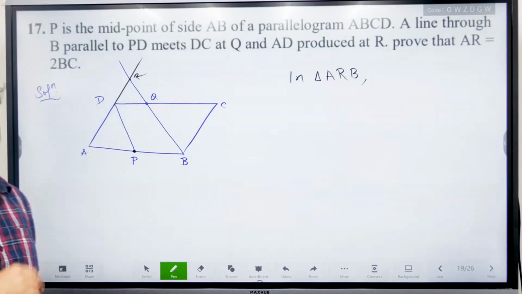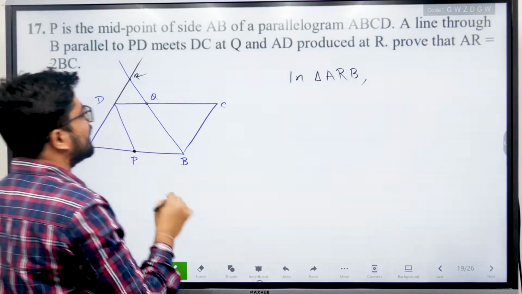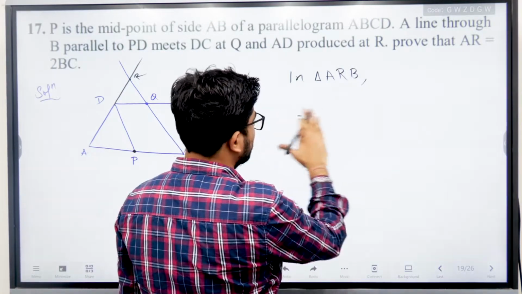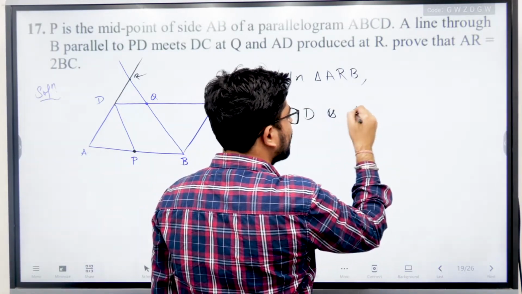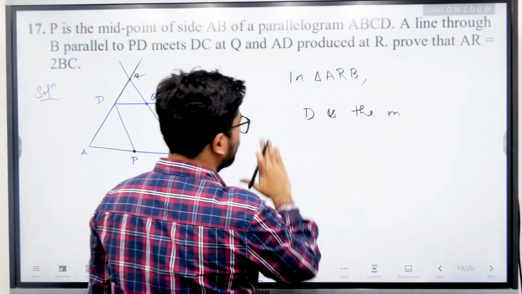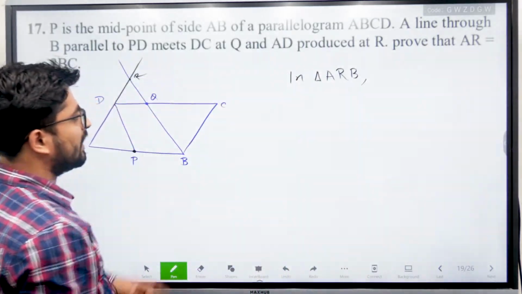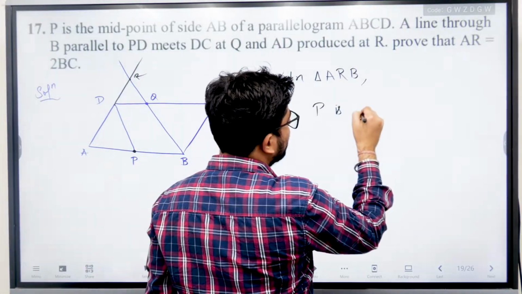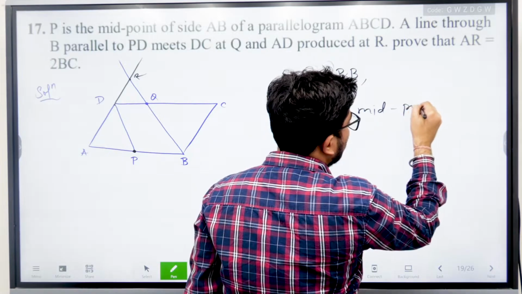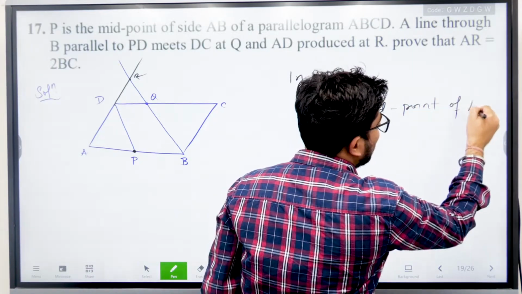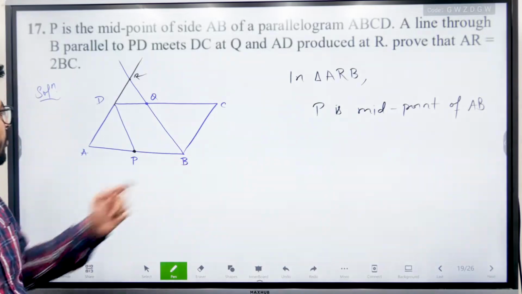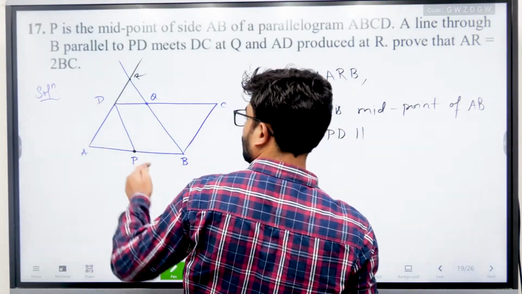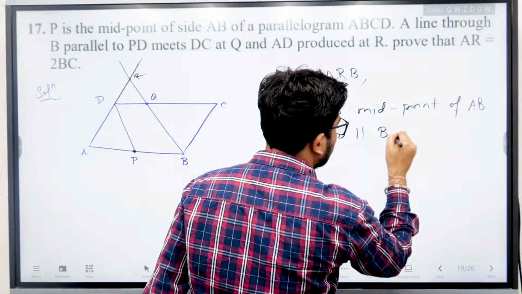So according to the converse of midpoint theorem, we can say D is the midpoint of... Before that, you can write: in triangle ARB, P is the midpoint of AB and PD is parallel to BR.